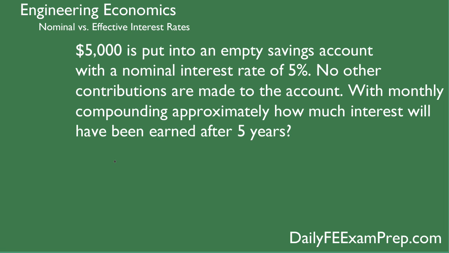The first thing that we need to do is convert that nominal interest rate into an effective interest rate because this is going to be compounded monthly. When it's compounded, this nominal interest rate is not going to be the actual interest rate we are going to be using because it's going to be compounded into monthly terms.